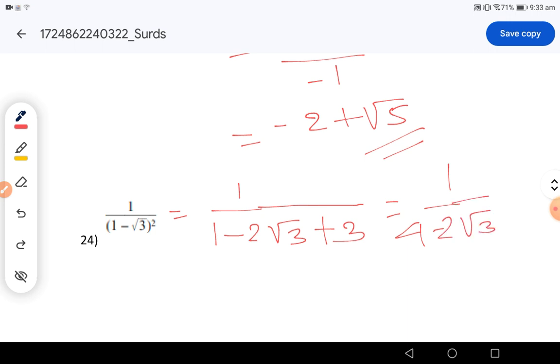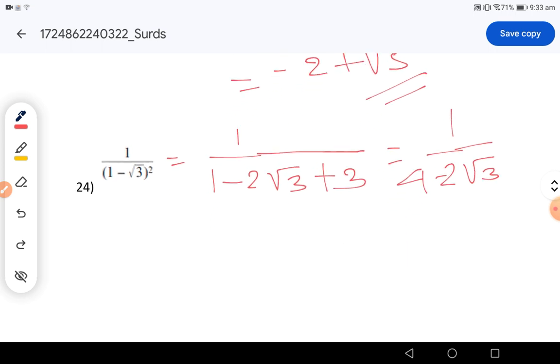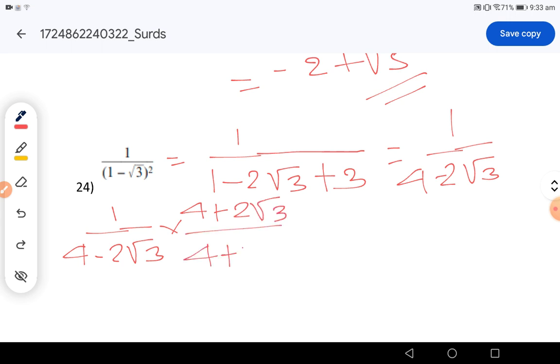Now again rationalize. So 1 by 4 minus 2 root 3. So multiply by 4 plus 2 root 3 by 4 plus 2 root 3, which gives 4 plus 2 root 3 divided by 4 times 4, 16, and minus 4 times 3, 12.